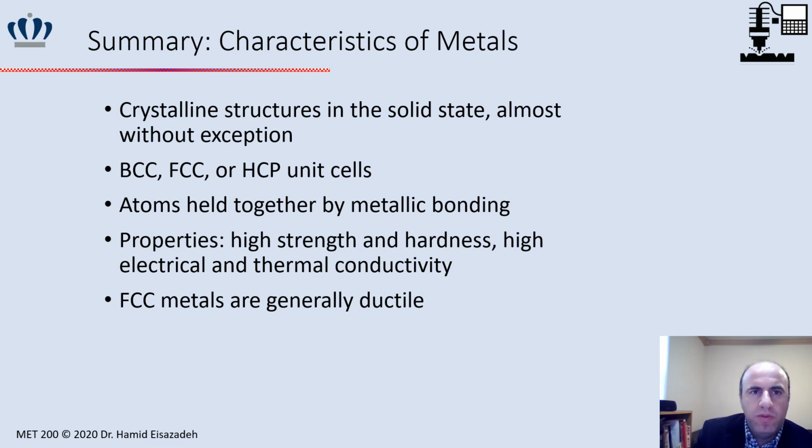A couple takeaways from this lecture: metals, when they are in the solid state, have a crystalline structure, and we have BCC, FCC, and HCP unit cells in the metals, and the atoms are held together by metallic bonding.